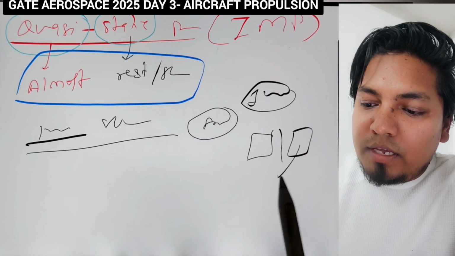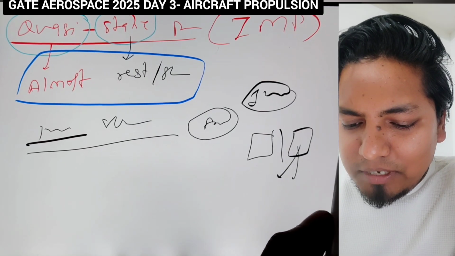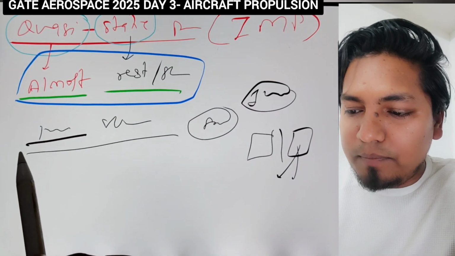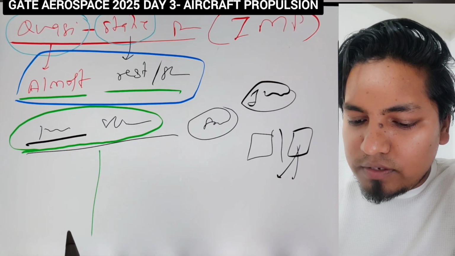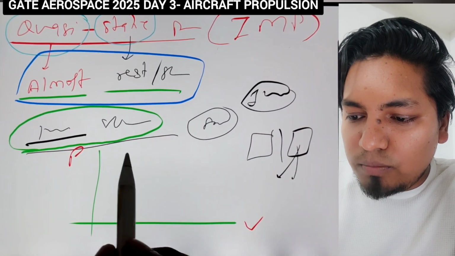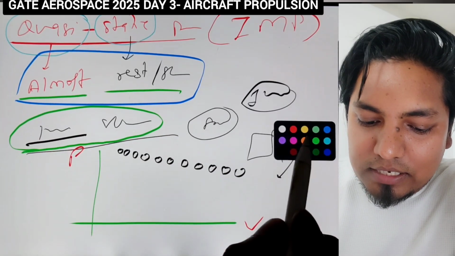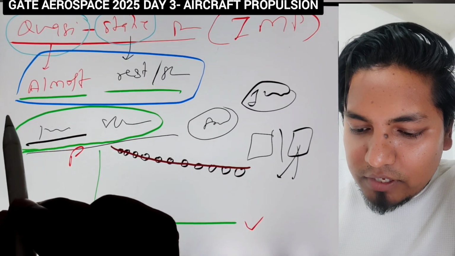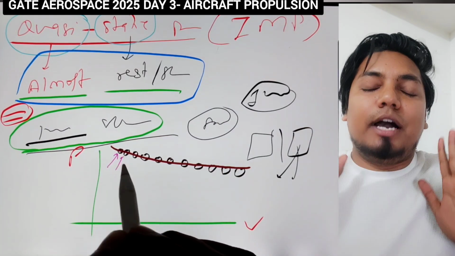Now see, in this almost rest or infinitesimally slow process, we find a few things very interesting. What are they? Guys, whenever there is a process, suppose this is a PV diagram, it will follow different states. So suppose this is your process. In this process, different states are coming. And a quasi-static process is that process where it is very slow and every state is in thermodynamic equilibrium. I hope you understand that.